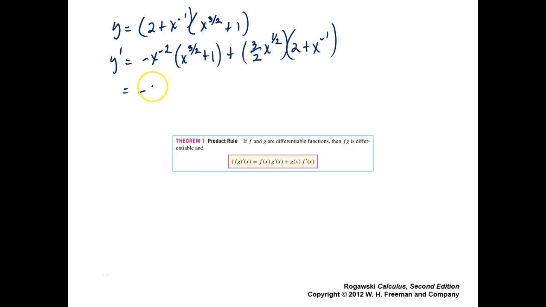Negative. Say that again. X to the, think of this as negative 4/2, right? Times x to the positive 3/2. When you're multiplying same base, negative 1/2.